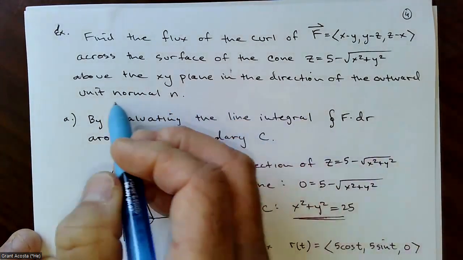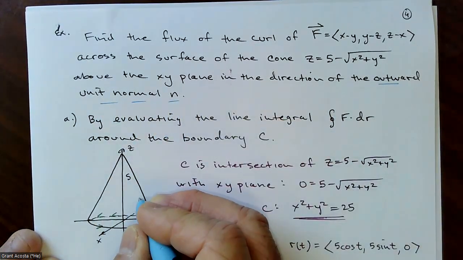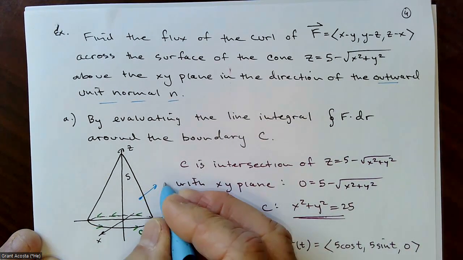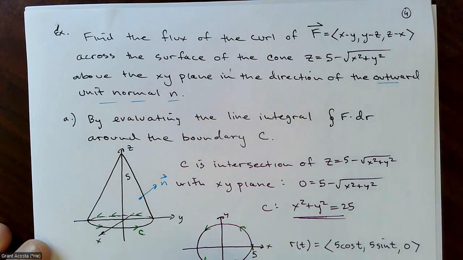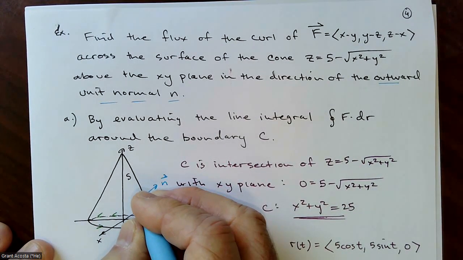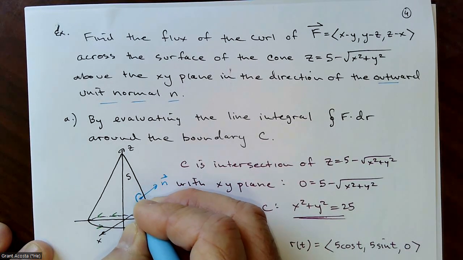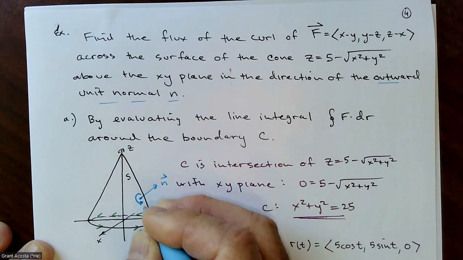So the reason they said in the direction of the outward unit normal n, if I can picture a vector like that, is because if I have a vector going away there, then that's going to be true for a circulation that is rotating counterclockwise around that vector.